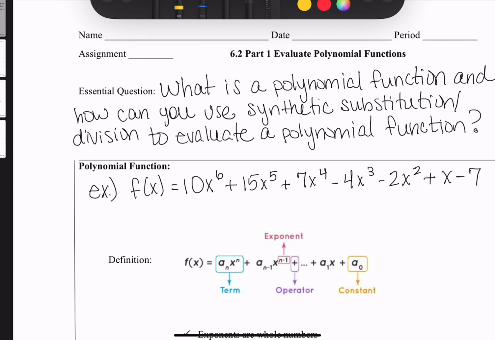There you go. I just made a really complicated polynomial function. This has many, many terms and a high degree. I'm going to use that function to help me explain the definition of a polynomial function.